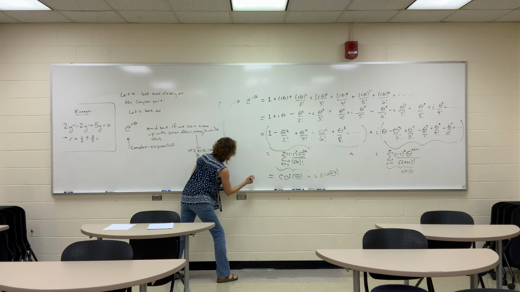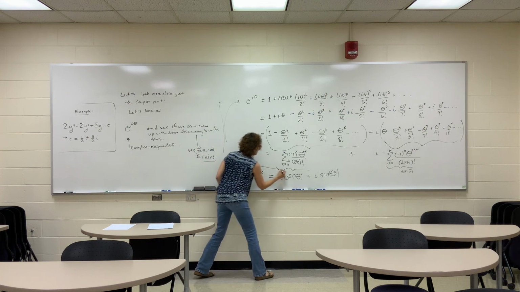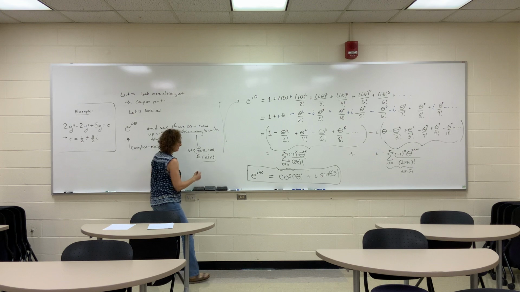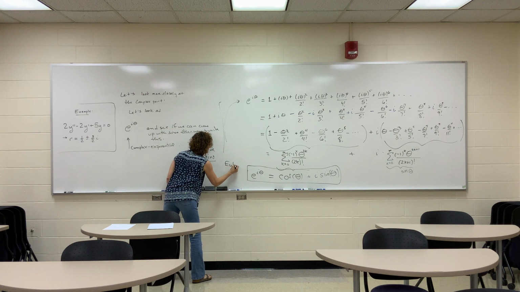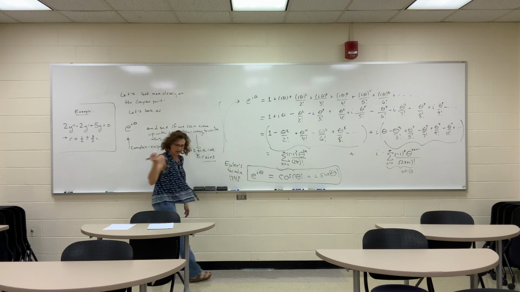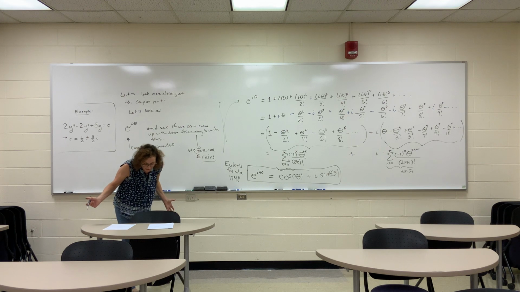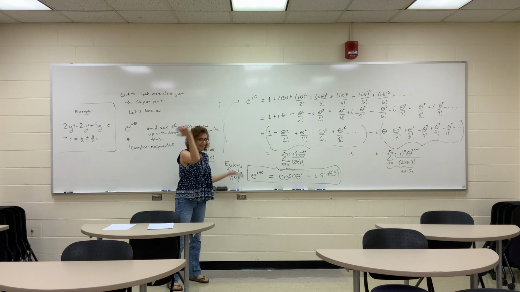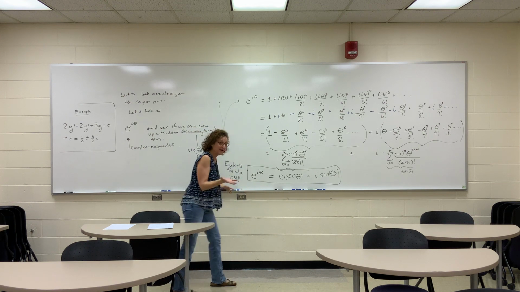Here it is. e to the i theta is cosine theta plus i sine theta. This is Euler's formula, 1748, I believe. Boom, there it is. Expo marker drop. That's crazy.